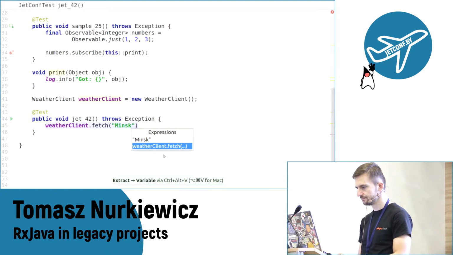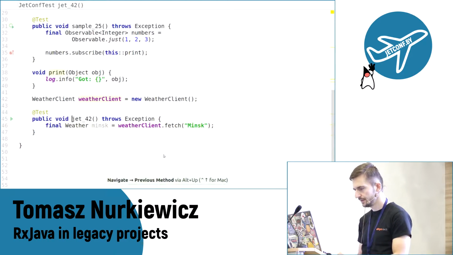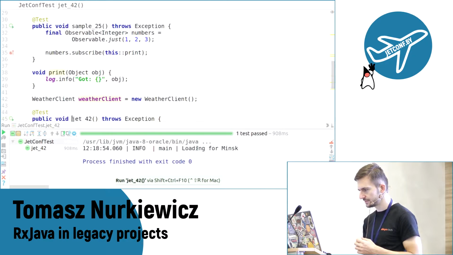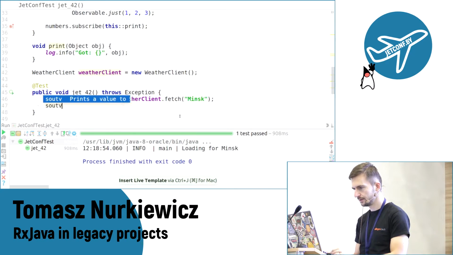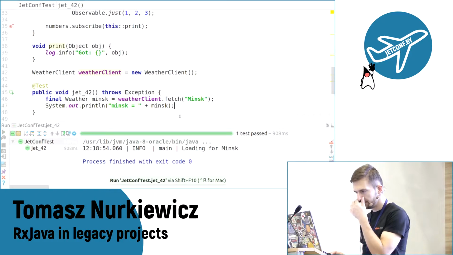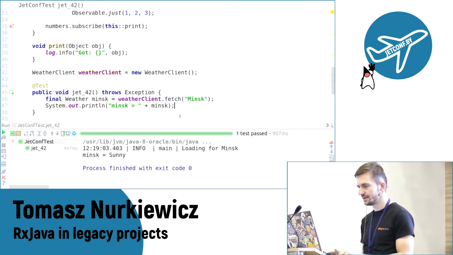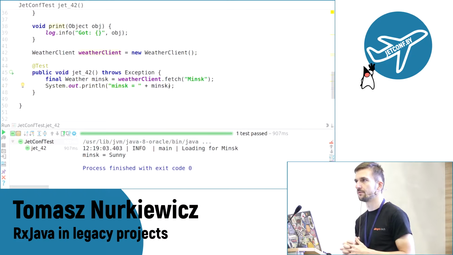If I call it with some city, whatever, I just get a weather back. That's like a fairly simple thing. And if I run it like now, you're actually going to see some logs coming from it. So loading for Minsk, and I actually got the weather back. All right, and here it is. So this is like a normal Java code. There's absolutely nothing special here. And you see I got a response back. Minsk equals sunny, because that's the string of weather.